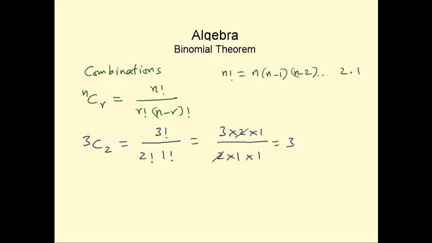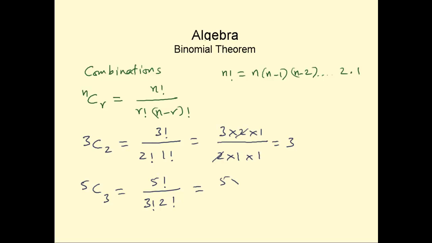And let's find what is 5C3. So 5C3 would be 5 factorial over 3 factorial, which is r, times 5 minus 3, which is 2 factorial.